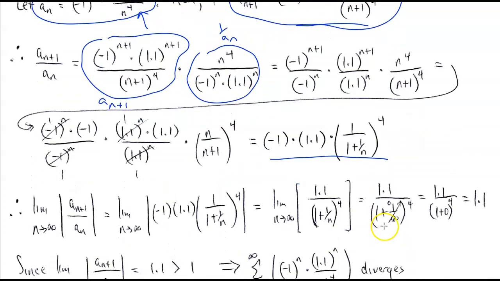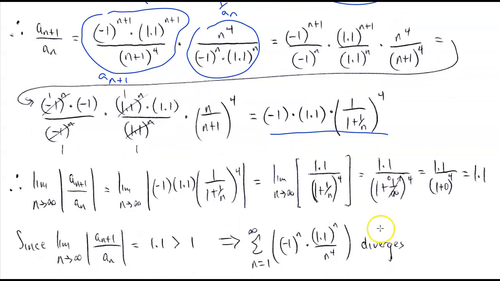Okay. And of course, if we take the limit of that, we'll see that once we start working with our limit laws and all that and do the absolute value, that we eventually get to the point to where we evaluate this limit and it ends up being 1.1. And since 1.1 is larger than 1, then we know that the series that we dealt with is going to diverge.